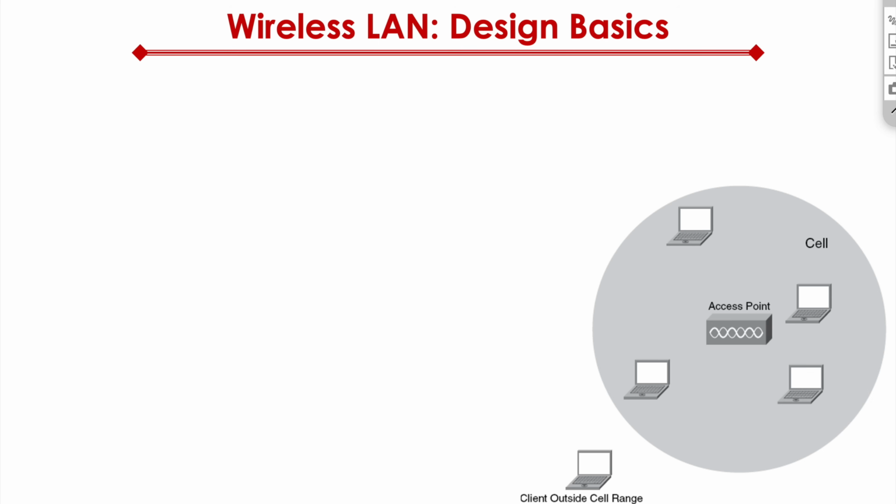Now let's look at a couple of design basics in the real world when it comes to wireless LAN. A cell is an area range covered by an access point. And one thing that I want to explain before I move further here is very quickly how a wireless client is able to connect to the access point.